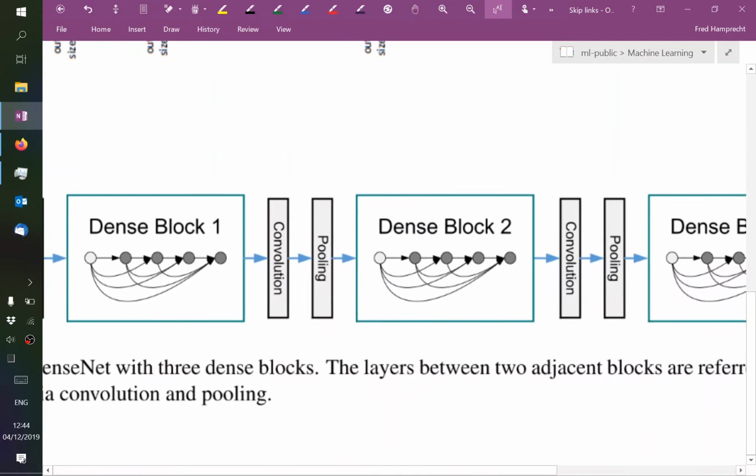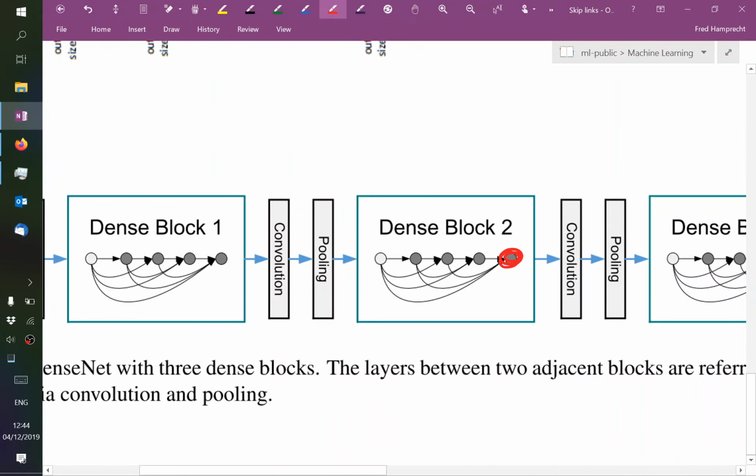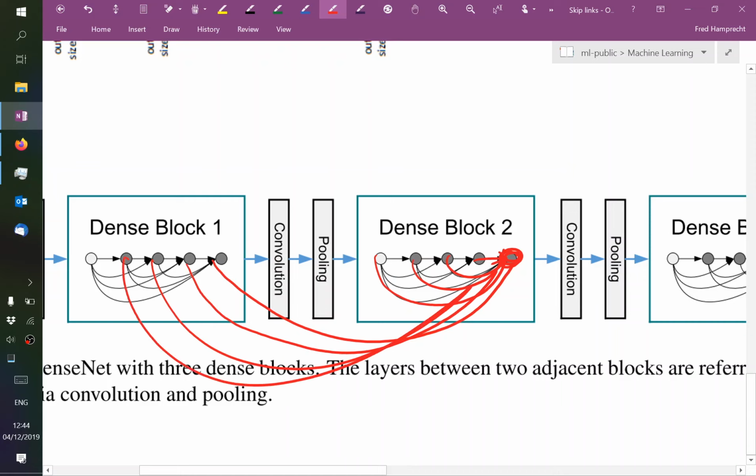So you could say, to this convolutional layer, let's not just get the input from the previous layer, but let's get the input from more previous layers. Now, if you wanted to do that throughout, you would get super many inputs, and the thing no longer fits into your RAM and so on.